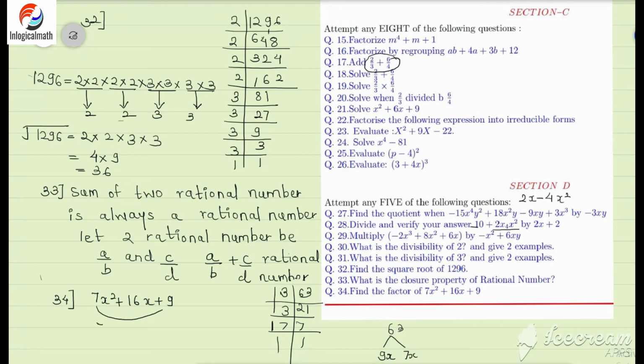So 7x square plus 16x plus 9 can be written as 7x square plus 7x plus 9x plus 9.